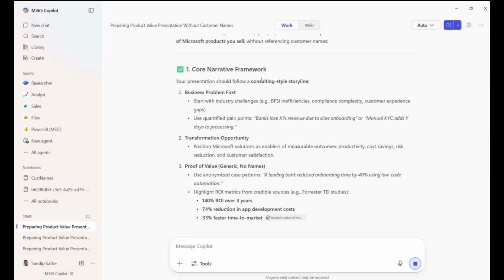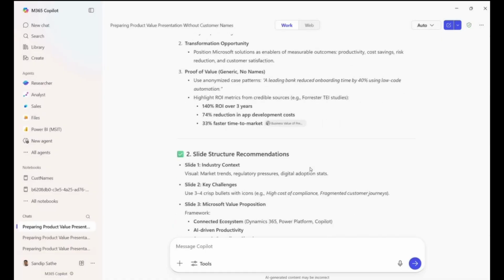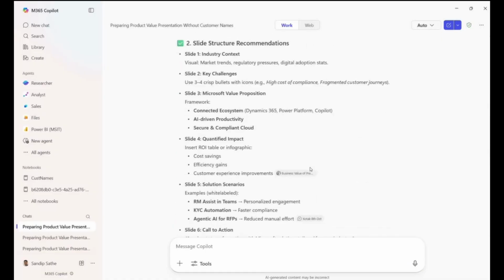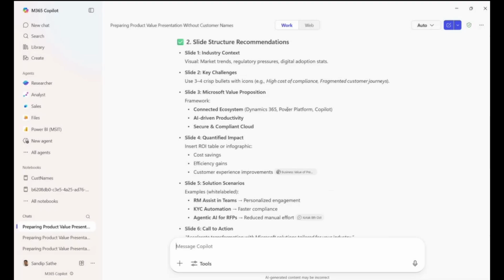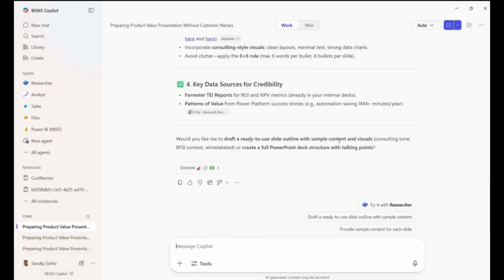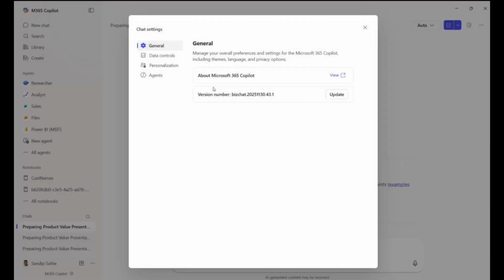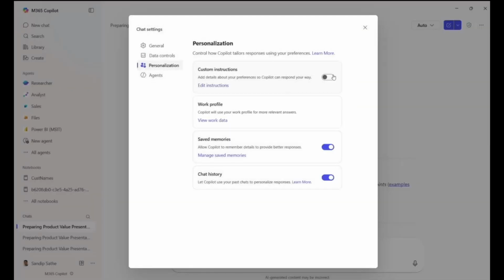The outcome that you see understands the BFSI industry, talks about the terminology that's there, and helps me create the slide content that's tailored to the products that I sell, which are D365, Power Platform and Copilot. And this goes on. Now, the second level of personalizing this is by bringing into it my preferences.